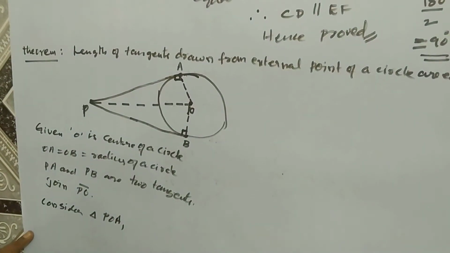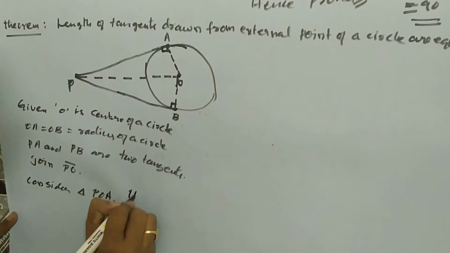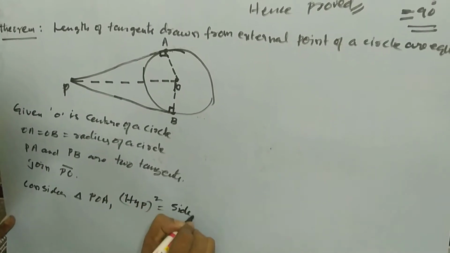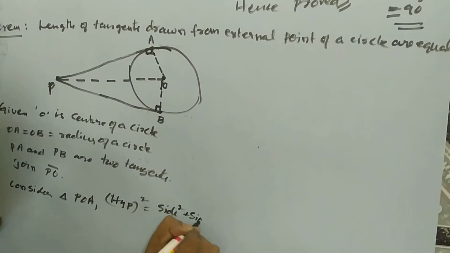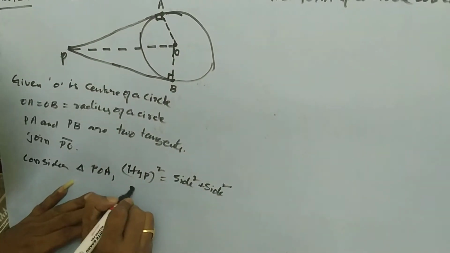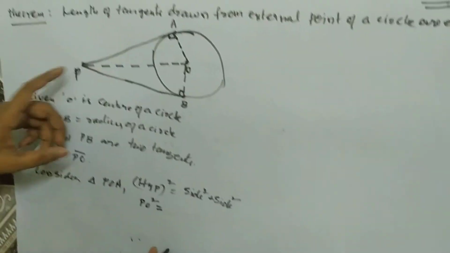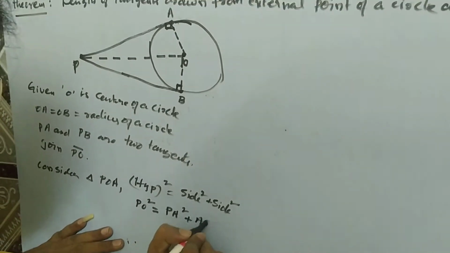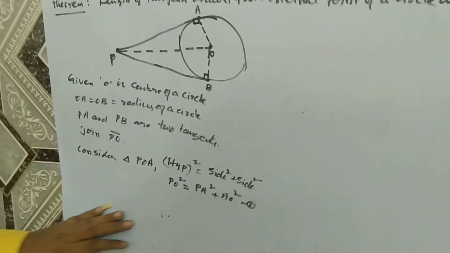By applying the Pythagoras theorem, hypotenuse square equals side square plus side square. Hypotenuse square, PO square, equals PA square plus AO square. Let it be equation 1.